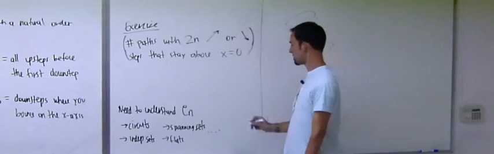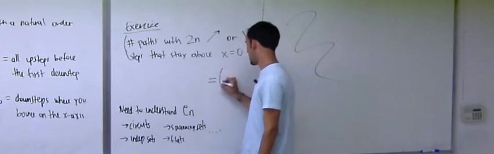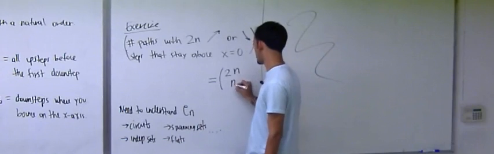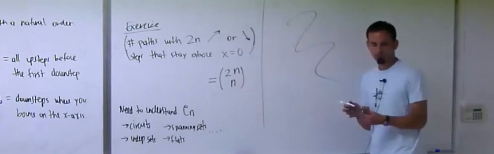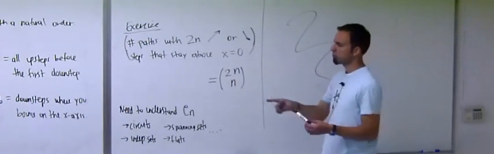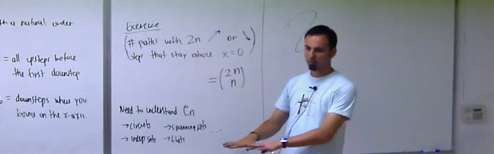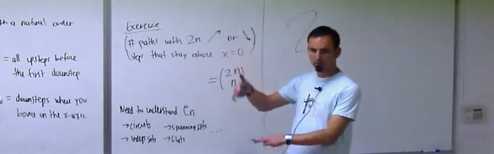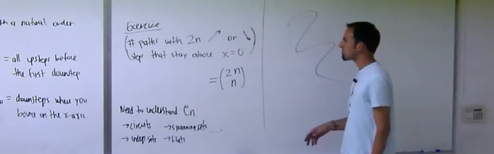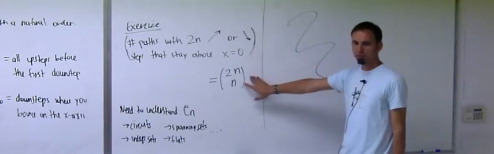That number is 2n choose n. So you want to count the paths that are kind of like Dyck paths because they're not allowed to cross the x-axis, but they are allowed to finish higher. And I'm telling you there's exactly 2n choose n of them.